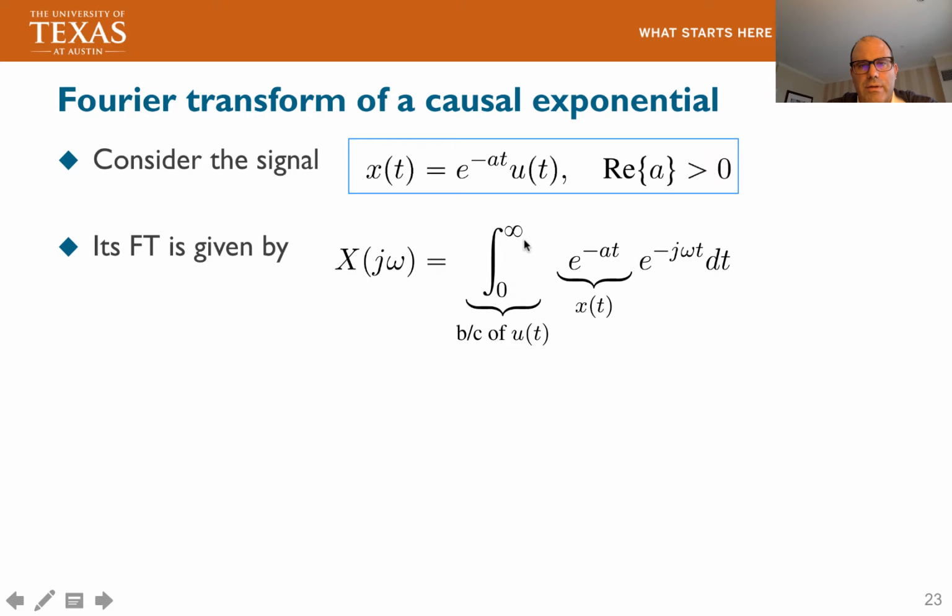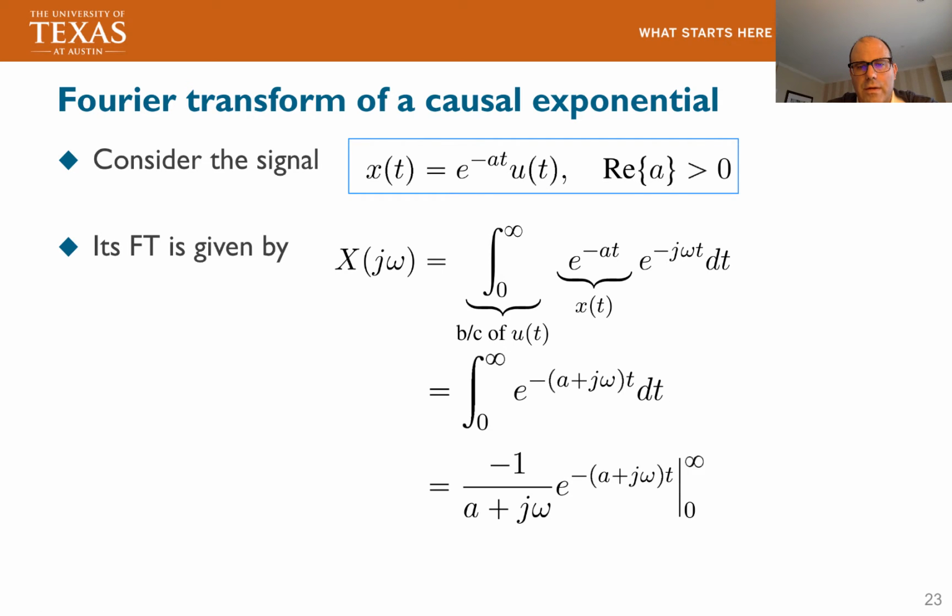We're integrating from 0 to infinity, e to the minus a t, e to the minus j omega t. Collecting the arguments of the exponential together, we get e to the minus (a plus j omega) t here. Now this is standard calculus. Integrating that, we get minus 1 over (a plus j omega) times e to the minus (a plus j omega) t evaluated from 0 to infinity, which is just 1 over a plus j omega.